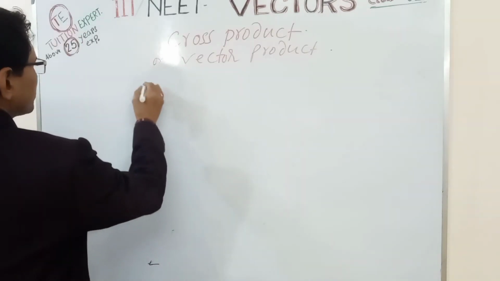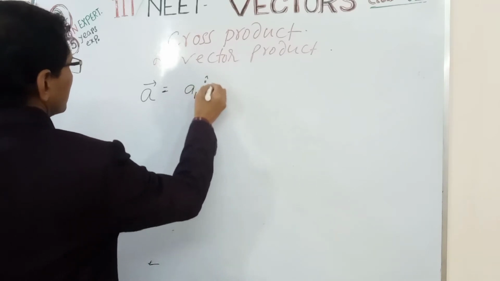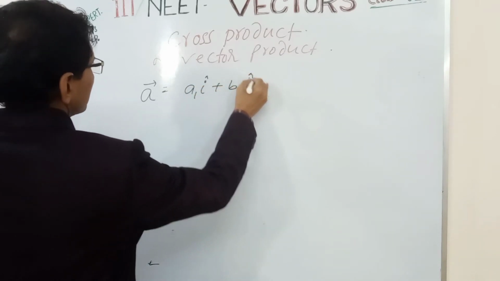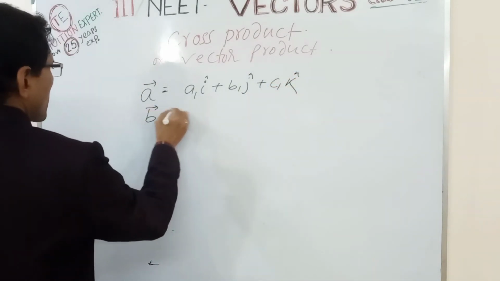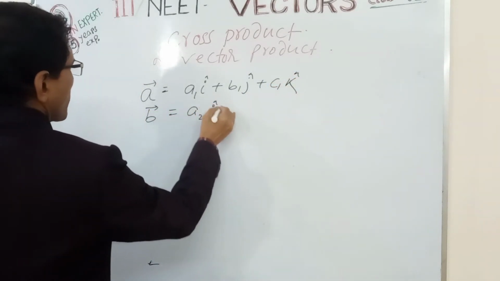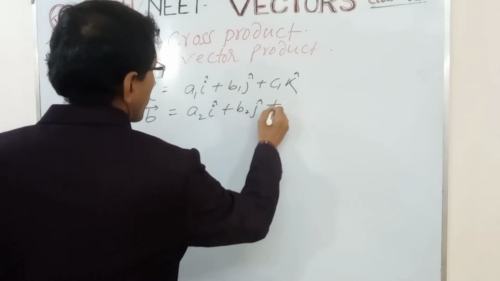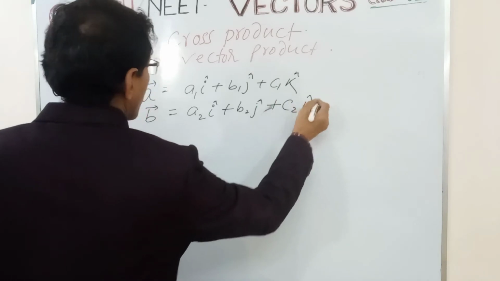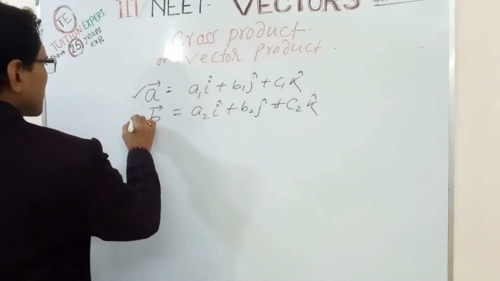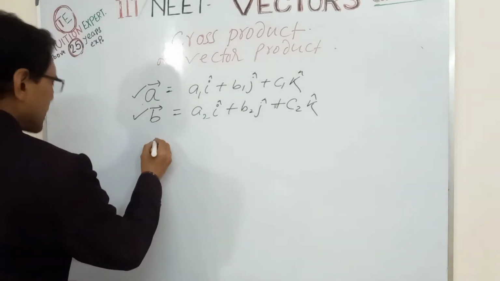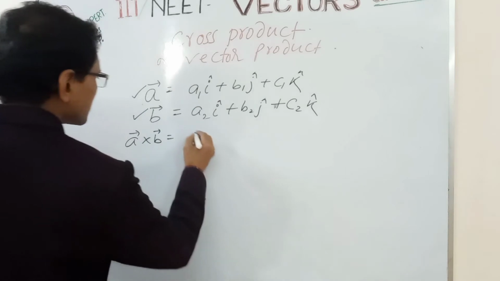Suppose vector A, and suppose vector B. We want to calculate the result of A cross B. Simple multiplication rule.